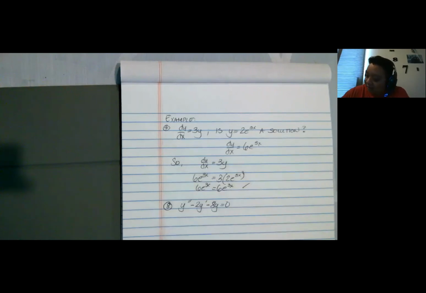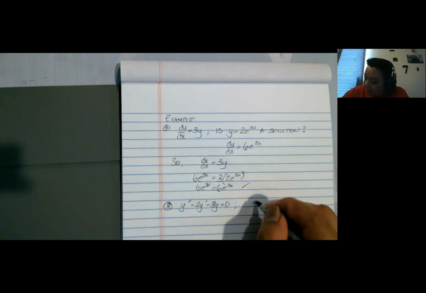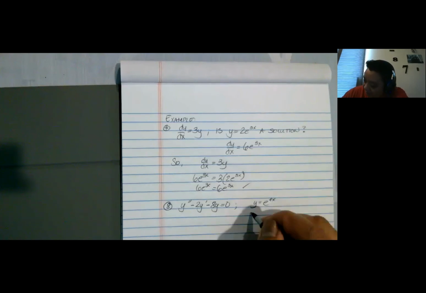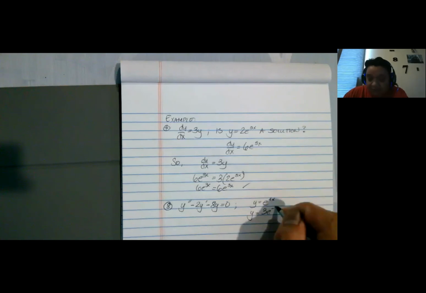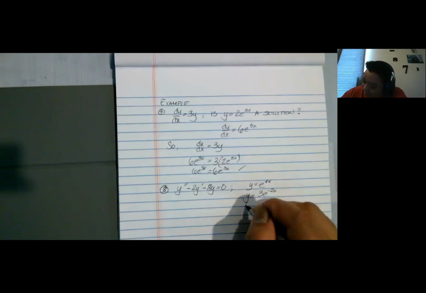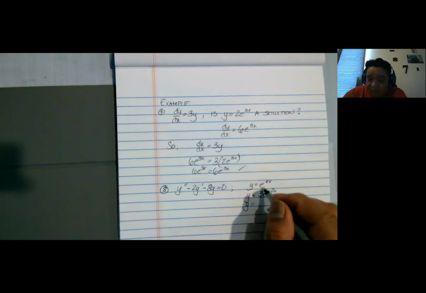Okay. And this time I want you to check a few functions here. y equals e to the 4x. y equals 3e to the negative 2x. And then the third one, I want you to see if the sum will be a solution.